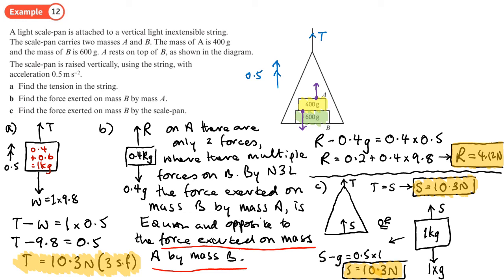So if you're looking at the force that's exerted by one mass on another and it looks difficult to work out, then use Newton's third law and just swap it around. Often it's easier to work out. Really what we're trying to get to is some sort of mass where there are only two forces acting on it. That will be easier to work out than a mass that's got multiple forces acting on it.